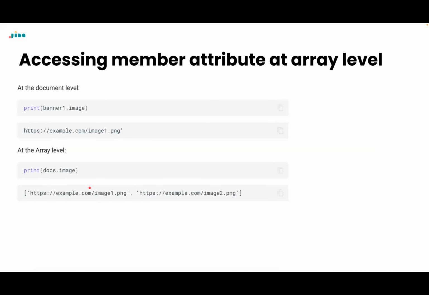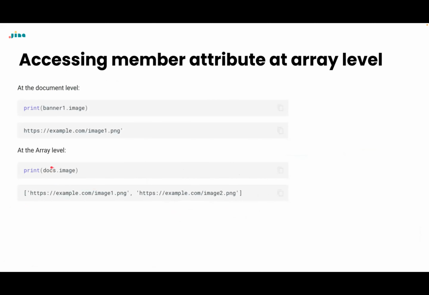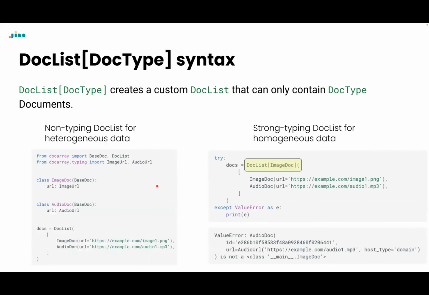Let's say you want to access all the images from this DocList, you can just do docs.image, and it will return a list. But as you can imagine, accessing all the images this way is probably not very efficient, because underneath it is implemented as a for loop, iterating over doc by doc inside the DocList. So it's not very efficient.